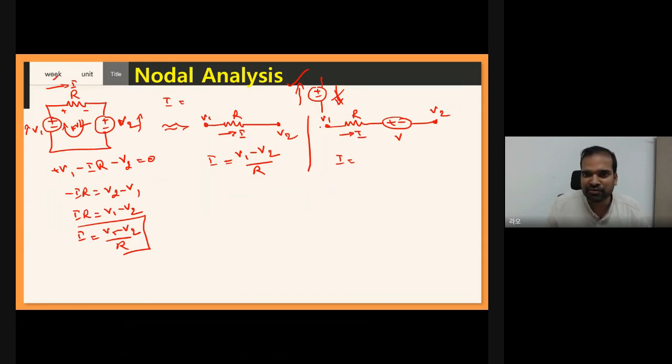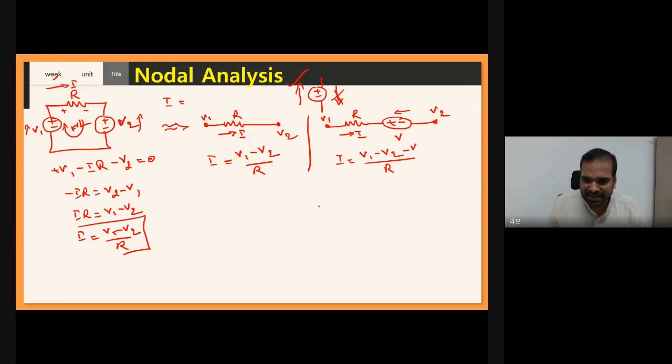Now we have another voltage source V. Can we write plus V or minus V? It all depends on the current direction. Your assumed current is flowing this way, and this voltage's direction is opposite. Therefore, if the directions are opposite, you will write minus V by R.